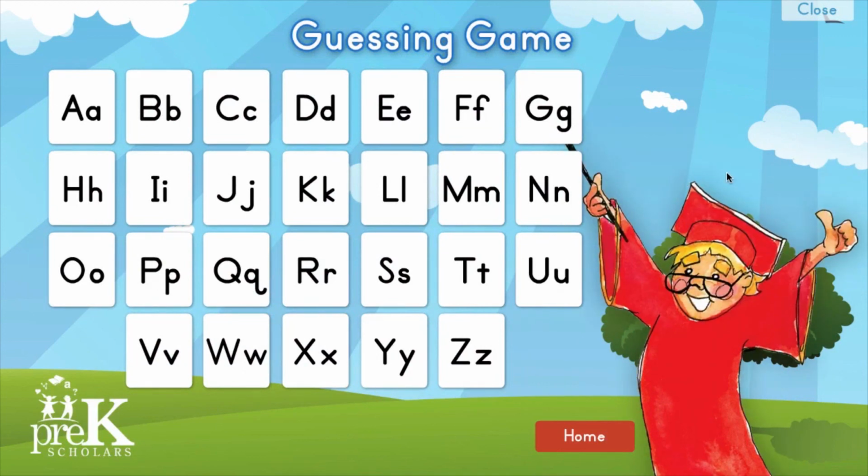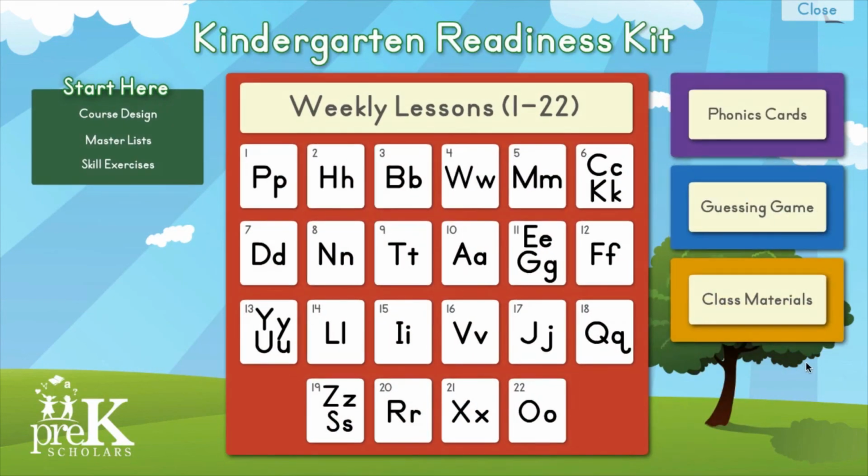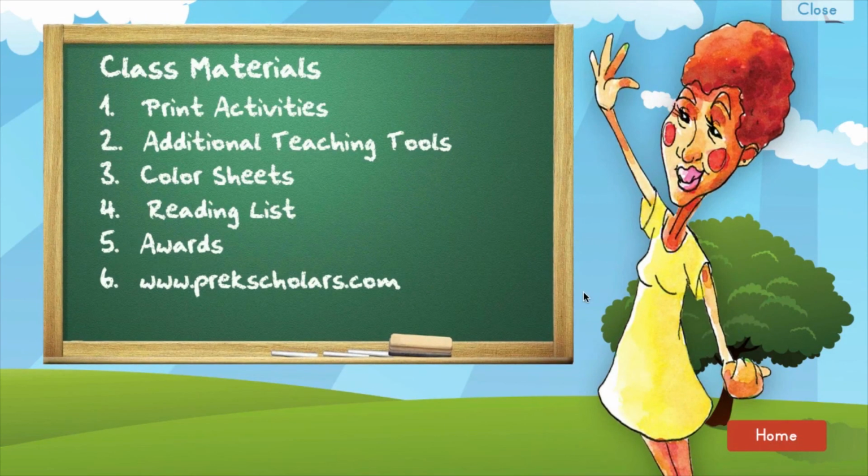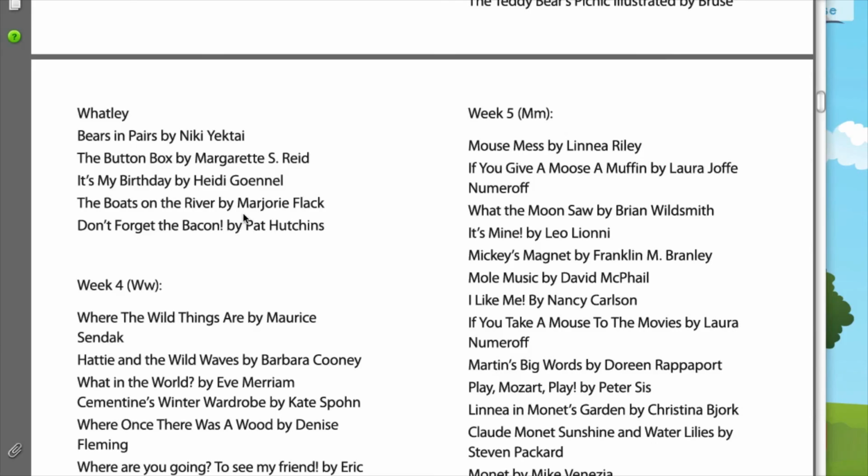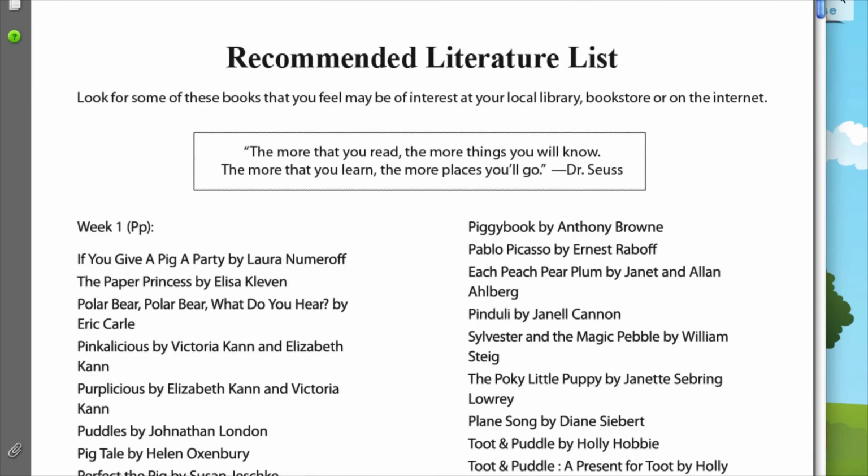So the child can practice the guessing game, and there's 130 choices here. Finally, I'd point out a couple of other additional assets of the program. Under reading list, we have put together a list of books that reinforce each letter.